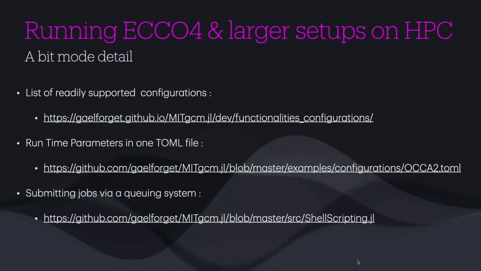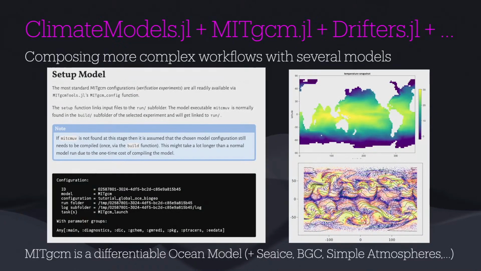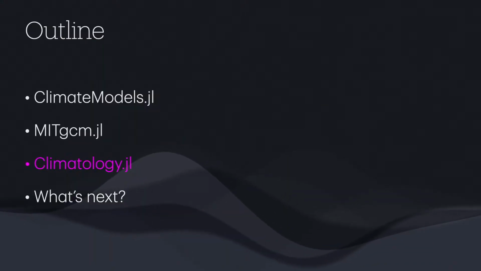And so that's how you don't have to interact with that either. I'm going to skip over the composability of this, I've already talked about it. Here is an example where we run MITgcm in an atmospheric configuration, and then after that, we run a particle tracking simulation.